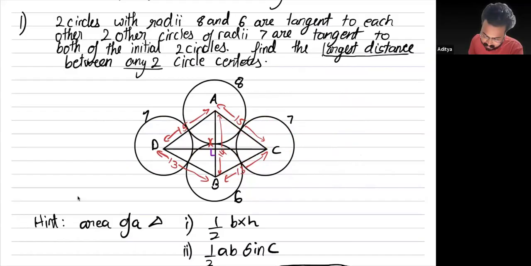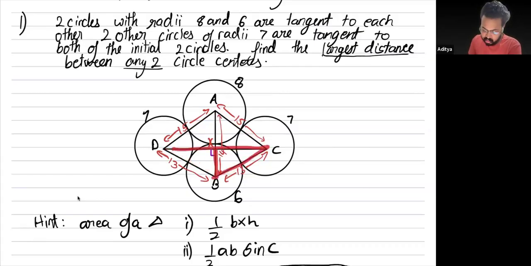The line segment CD is actually perpendicular to AB, because this here is a kite, and kites have the property that their diagonals are perpendicular to each other. It's very easy to prove. This triangle and this triangle are congruent to each other, and from there you get these two angles equal. Then in this isosceles triangle, this is the altitude.